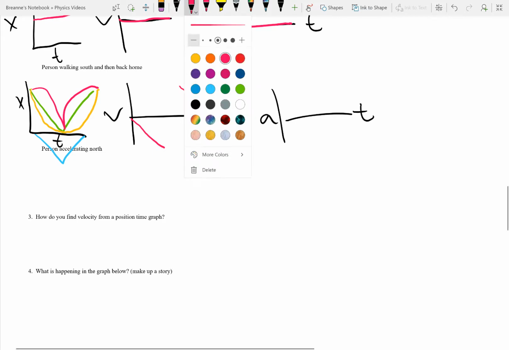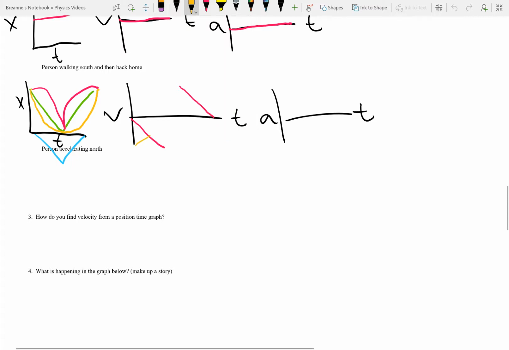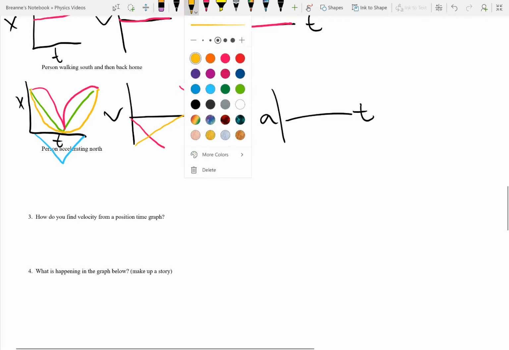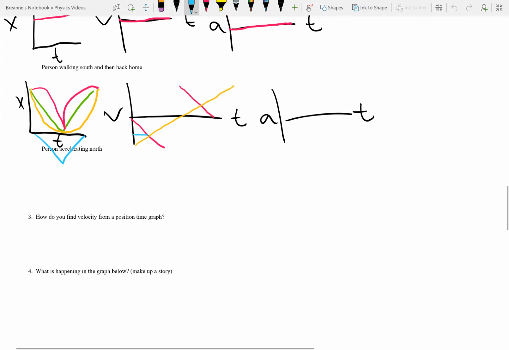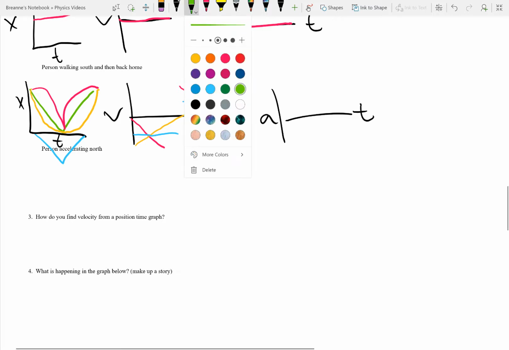For the yellow, you are slowing down in the negative and speeding up in the positive. For the blue, you're staying constant in the negative and then staying constant in the positive. And then for the green, it's the exact same thing. Constant.